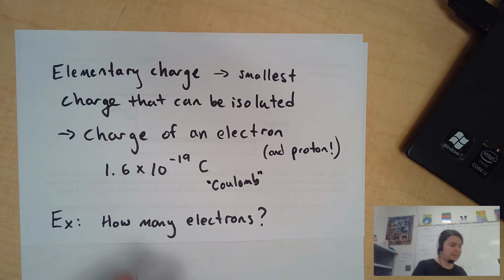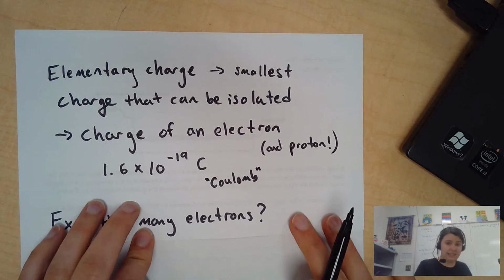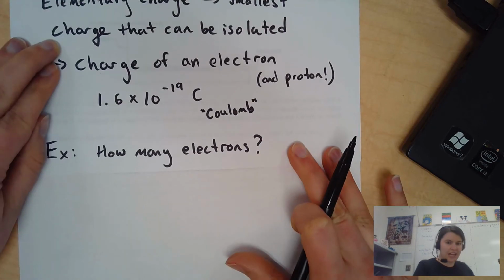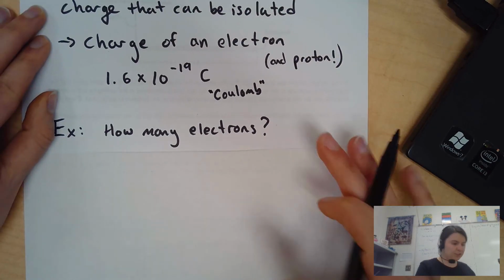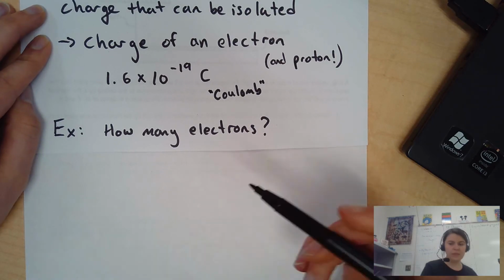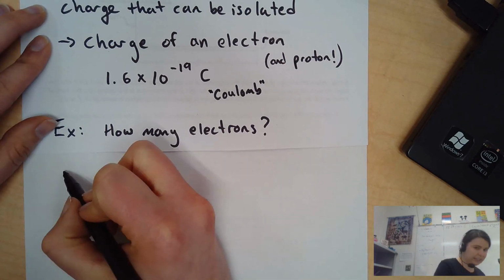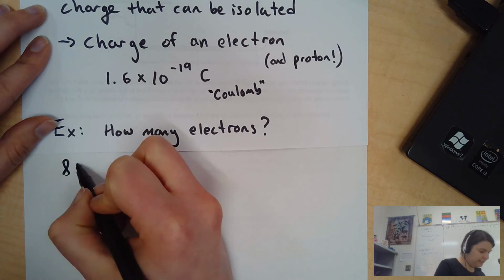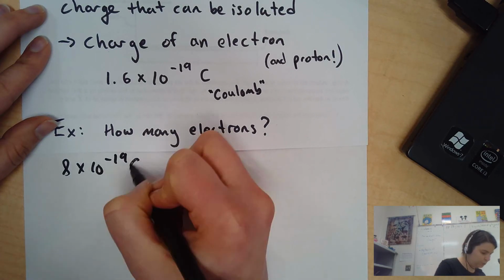I have a really quick and easy exercise for us to try in this video, and it's just called how many electrons? And it's using this idea of this fundamental charge. Okay? And so the first number I'd like for you to consider is 8 times 10 to the negative 19th coulombs.